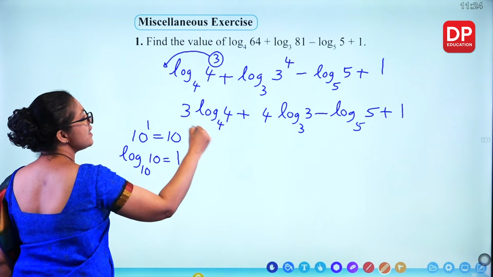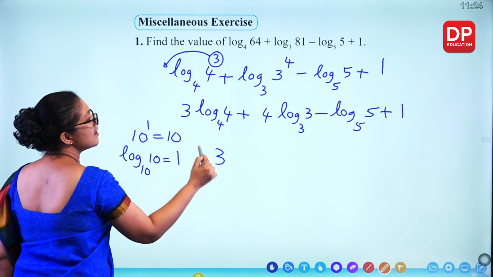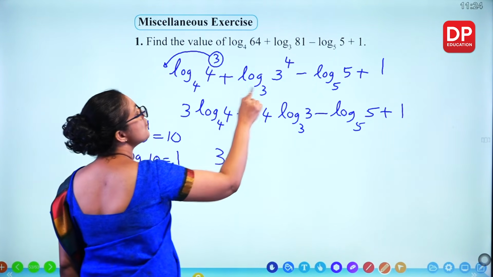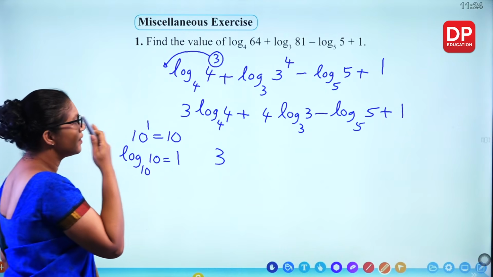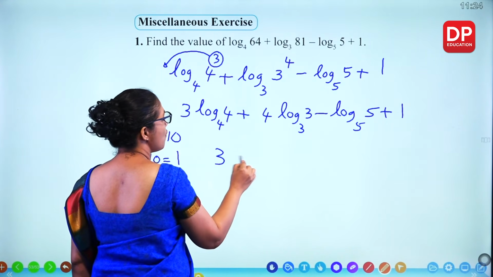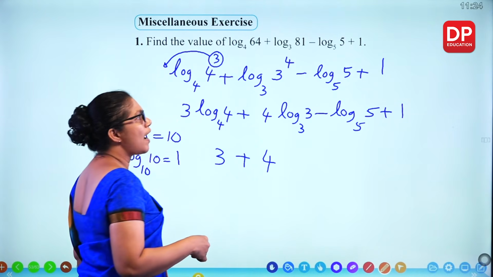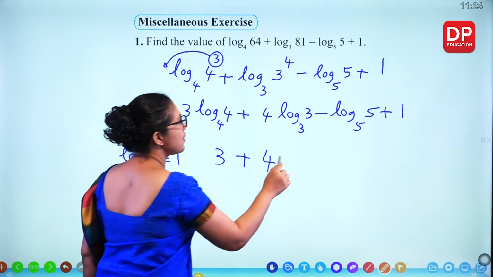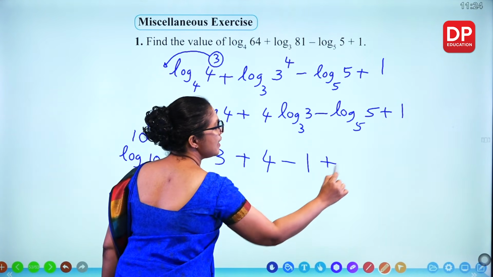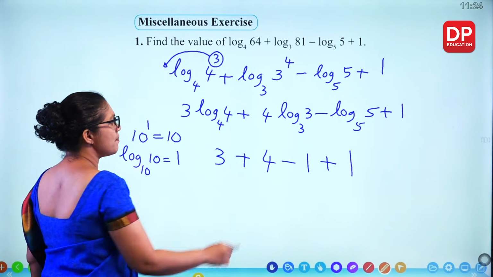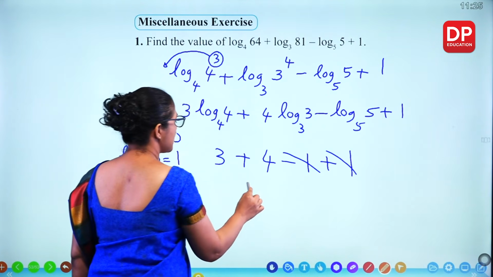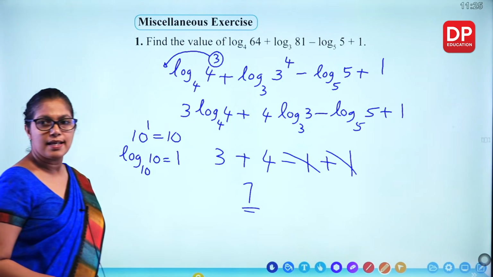You get 3 as the answer. What's the log 3 base 81? You get 4. And what's this one? Log 5 base 5? You get 1. And adding 1. Now when you simplify, you get 7 as the answer.